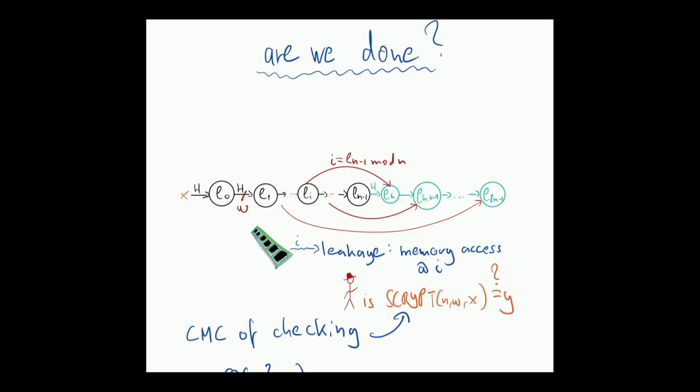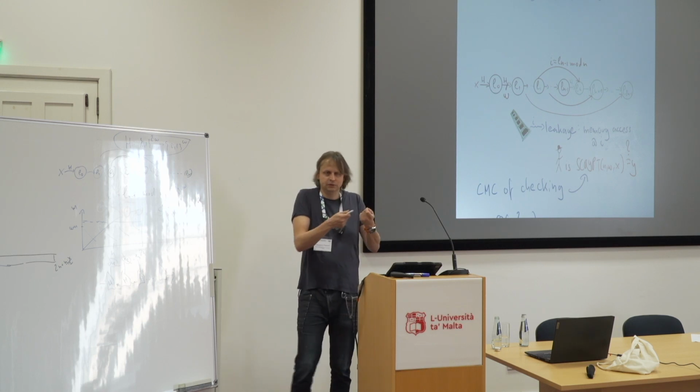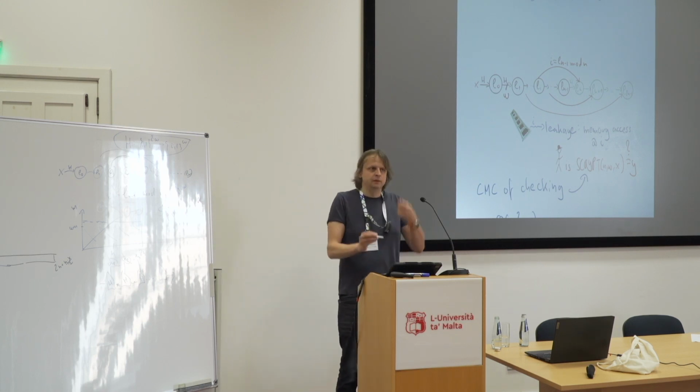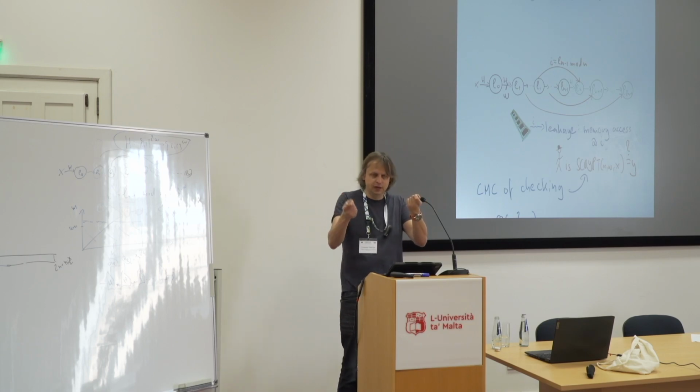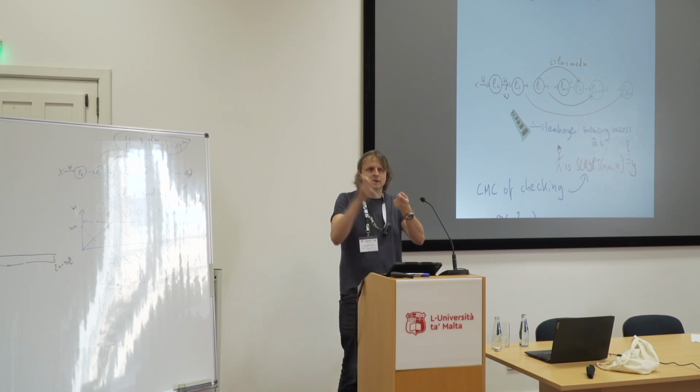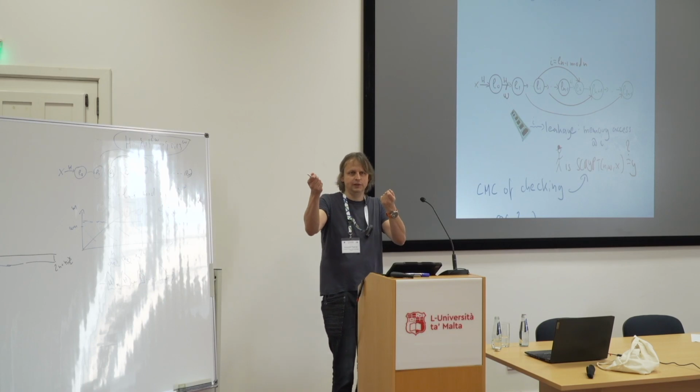And once you get this extra leakage, there is yet another thing. I told you the adversary wants to brute force passwords. So for a given hash, he wants to find the preimage. But actually the function that he really wants to brute force is not: if I hash this particular password X, what is the output? What he wants to know is: does this particular value X match that particular output that I want to find?